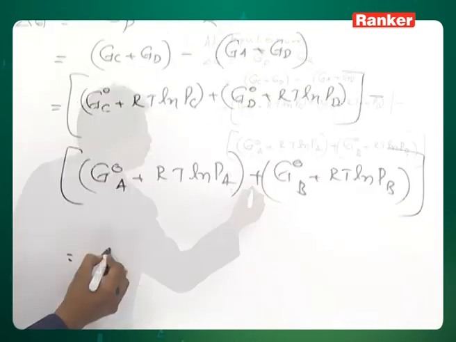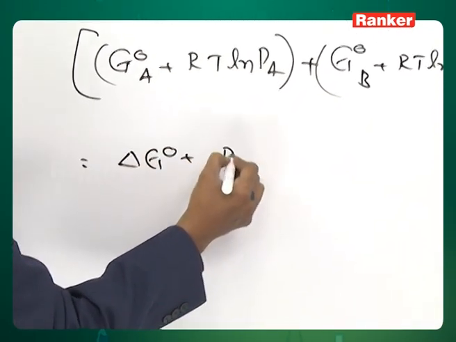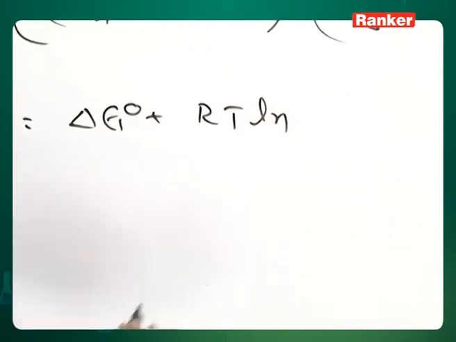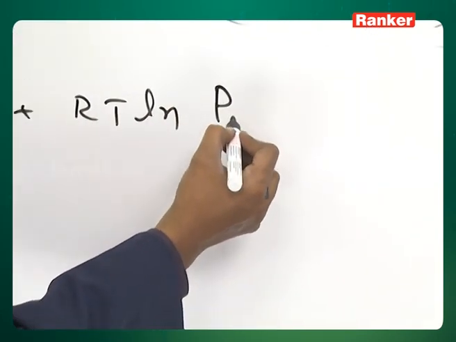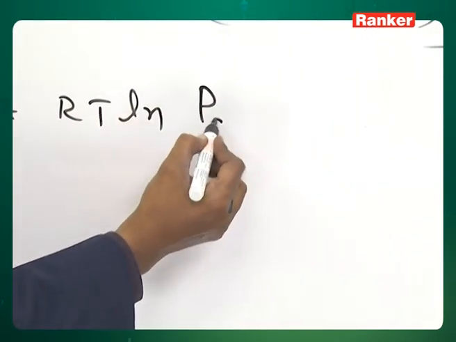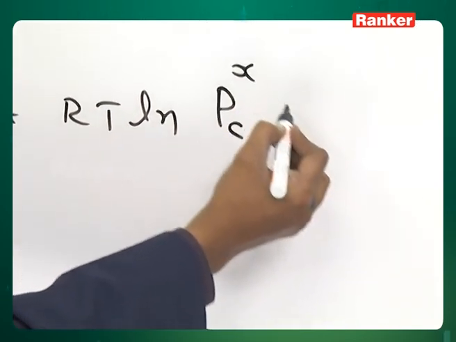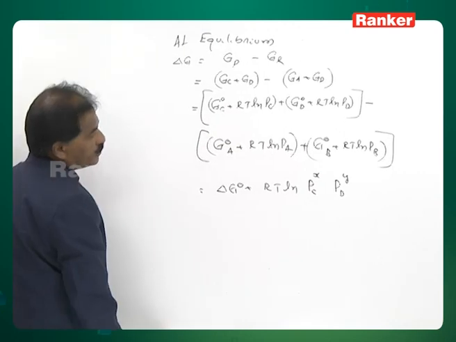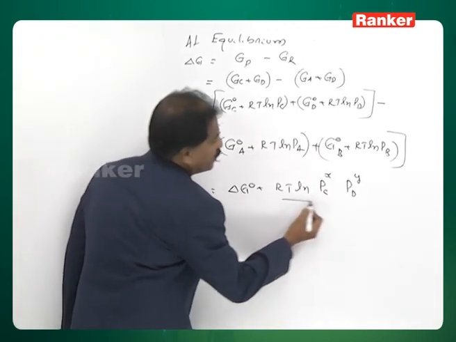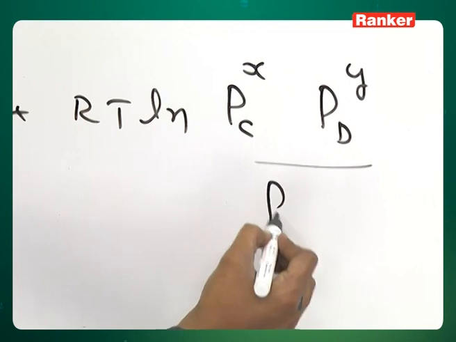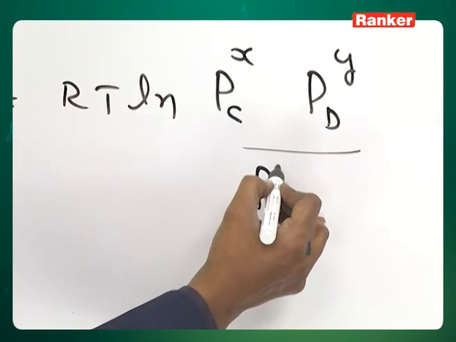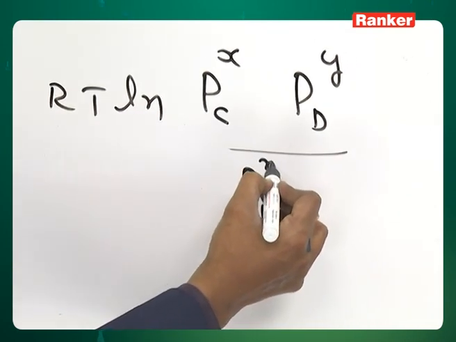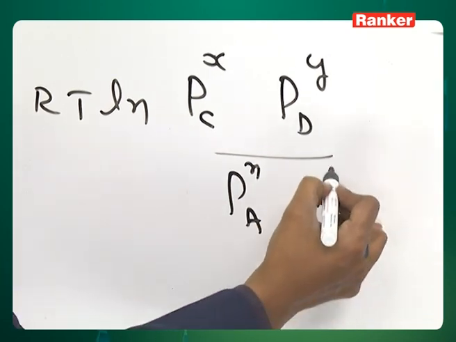Therefore, if we rearrange, del G naught plus RT ln of Pc power x, Pd power y, divided by Pa power m, Pb power n.